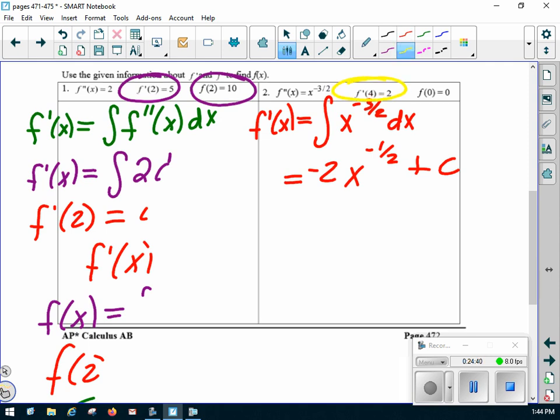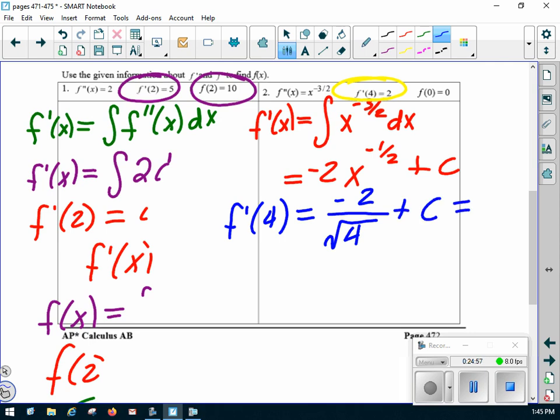I know that, correct? So f prime of 4. Now listen, I'm going to redo this. Are you okay if I do that? That's got to equal 2. Negative 1 plus c is 2.